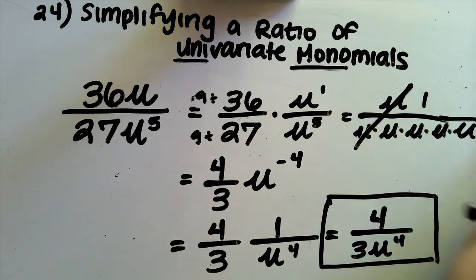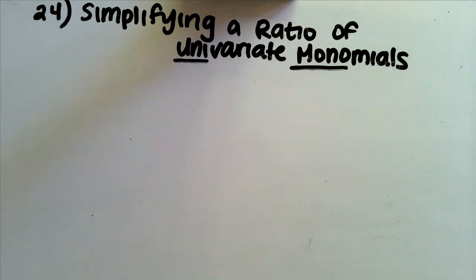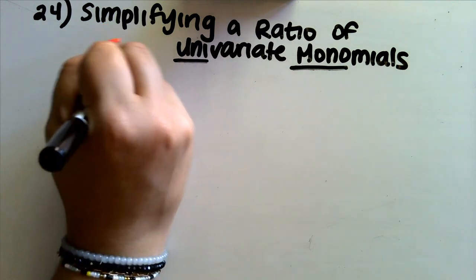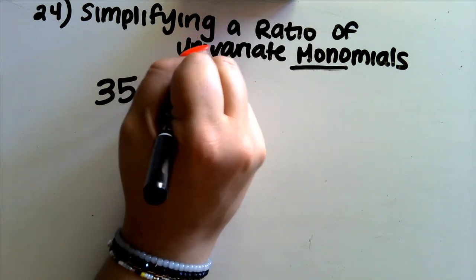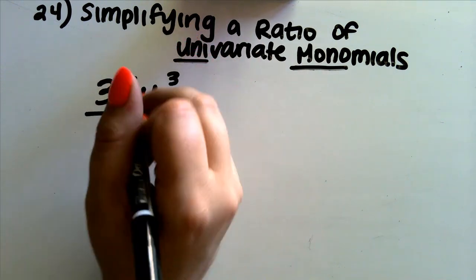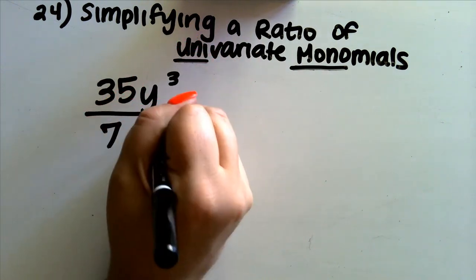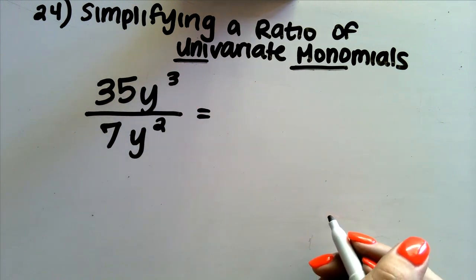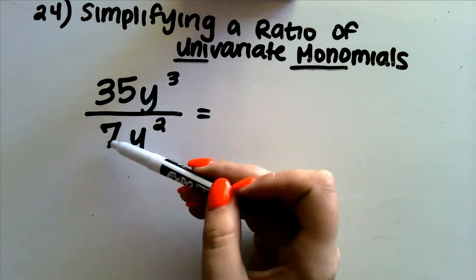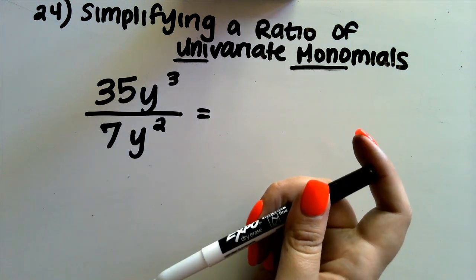Okay, let's go ahead and do one more example. We have 35y to the third over 7y to the second. This one's even a little bit easier because we don't have to think about any negative numbers, and guess what? 35 is divisible by 7.